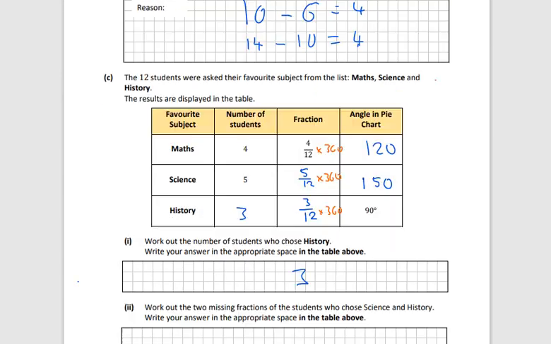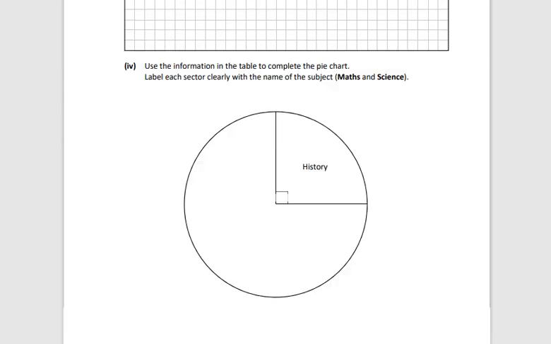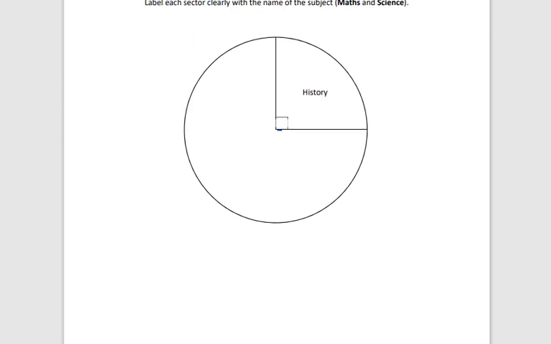So it's hard to show here, but you're going to put the angle of 120 in for maths. So you're going to put your protractor with the bottom line along that line, and then you're going to go all the way around to 120 on your protractor, and 120 should be over there somewhere.